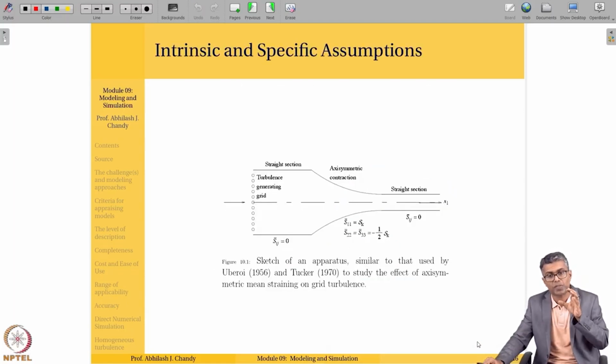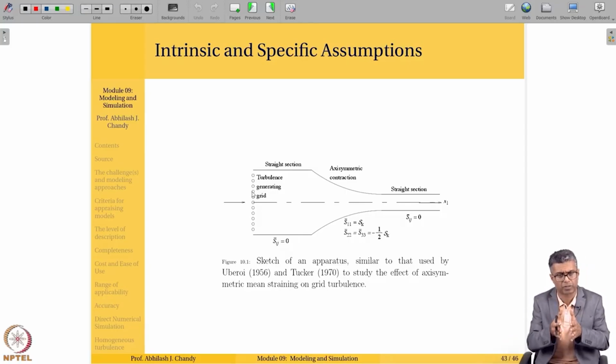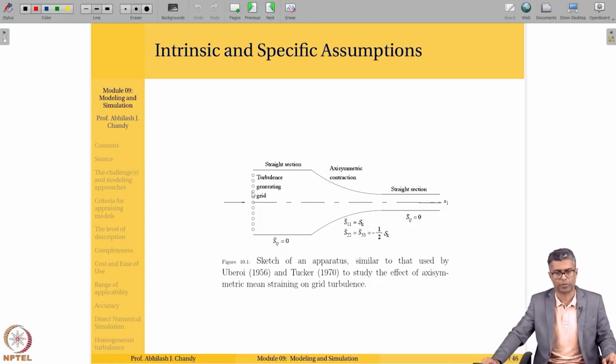In order to see the limitations, the drawbacks of the intrinsic and specific assumption, let's look at this particular problem. This is basically a grid turbulence experiment. You have a turbulence generating grid, which is actually a physical mesh through which flow goes. There is a straight section followed by a contraction, and then followed by another straight section.